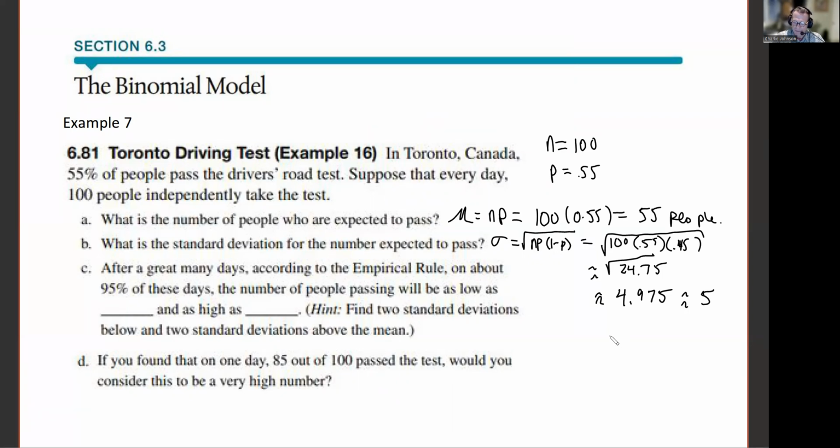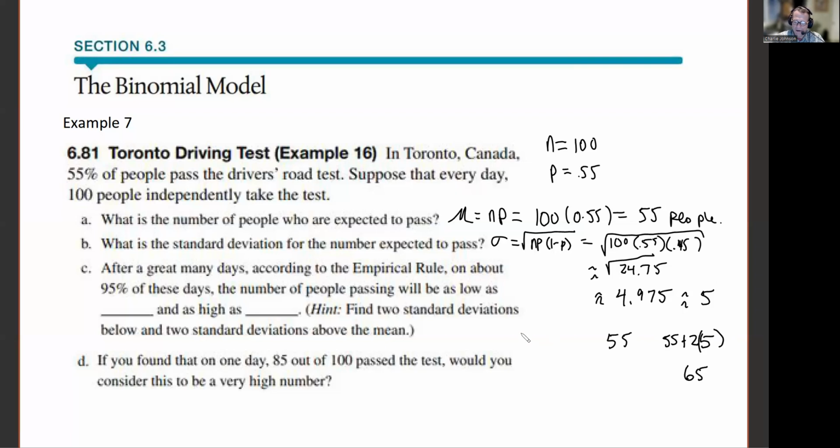So if we're talking about a mean of 55, then we could go as high on 95% of these days as 55 plus 2 standard deviations. So that's 10, or 65.